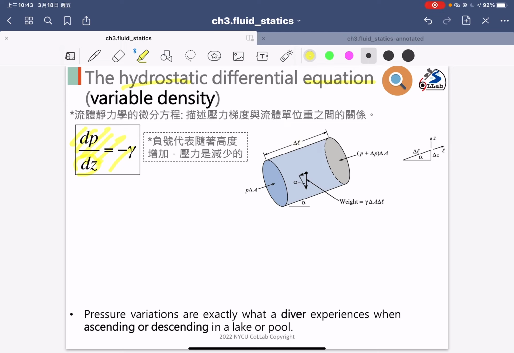This formula already tells you the concept. The most important part is the minus sign. Why the minus? Because if you increase your elevation, the pressure should decrease. So that's why there is a minus symbol here.